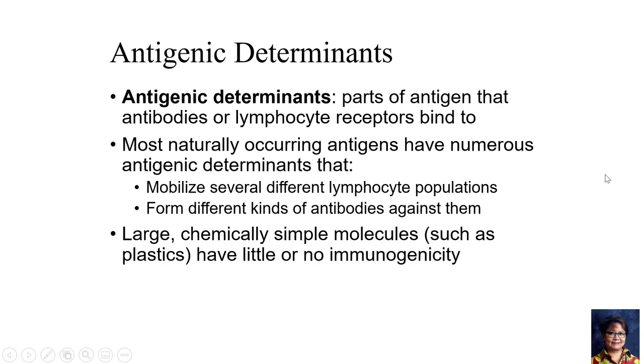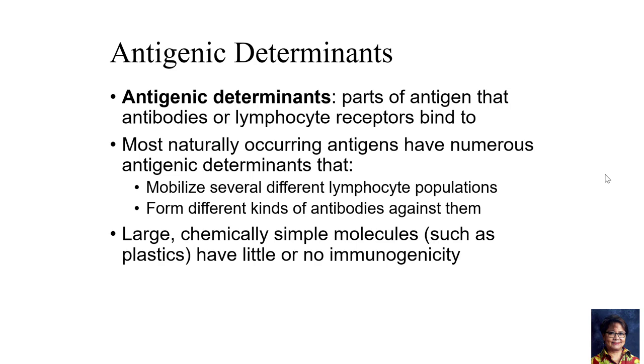So one of the characteristics of complete antigens will be the presence of what they call antigenic determinants. What are antigenic determinants? Well, an antigenic determinant is an appendage. It's a part of the antigen itself that the antibody or lymphocyte receptor would have to bind to. Usually, naturally occurring antigens have many antigenic determinants.